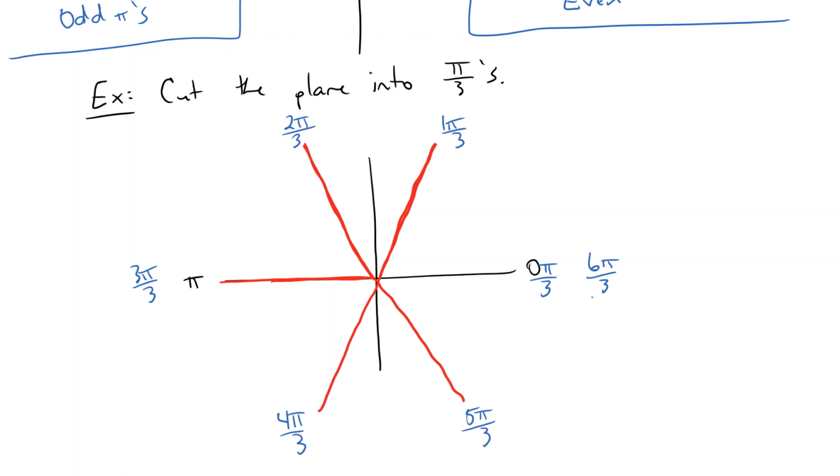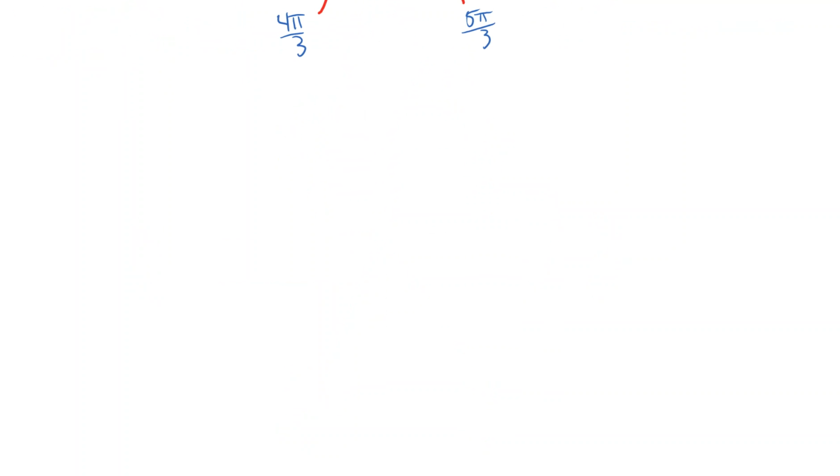Okay? So those are cutting the plane into pi over 3s, which are 60-degree rotations, okay? Let's cut the plane into pi over 6s.